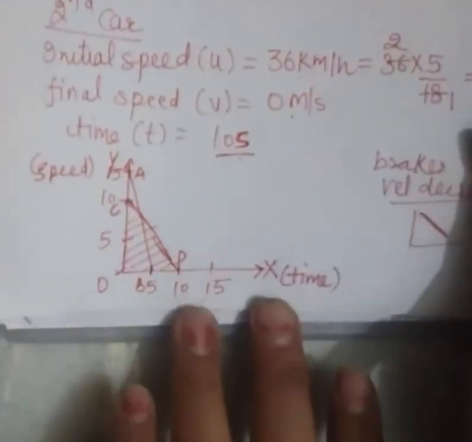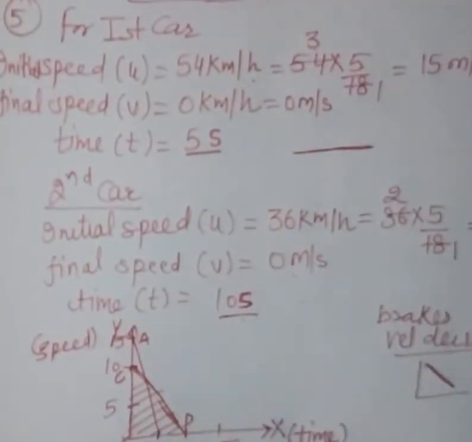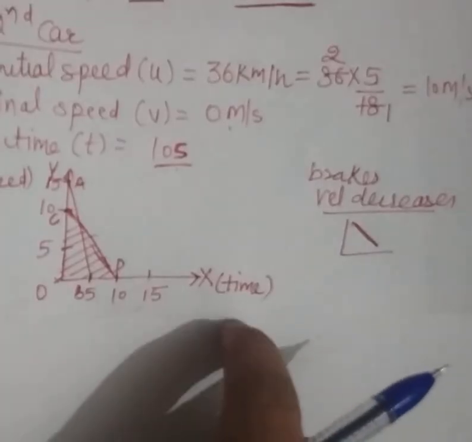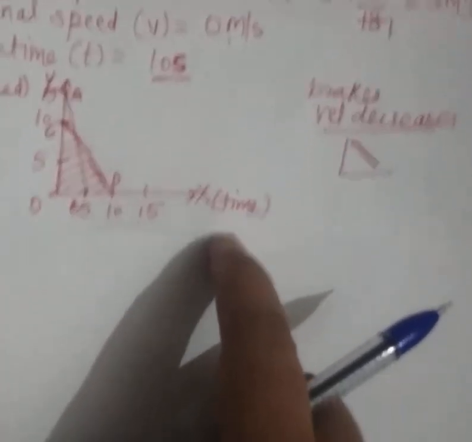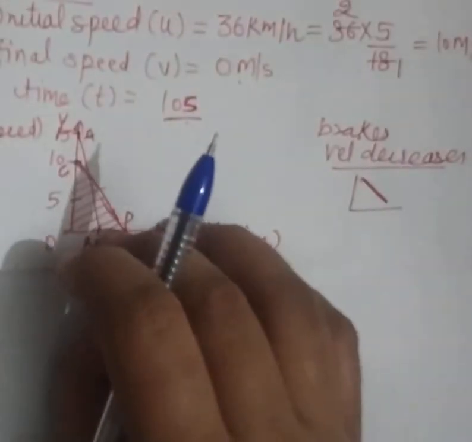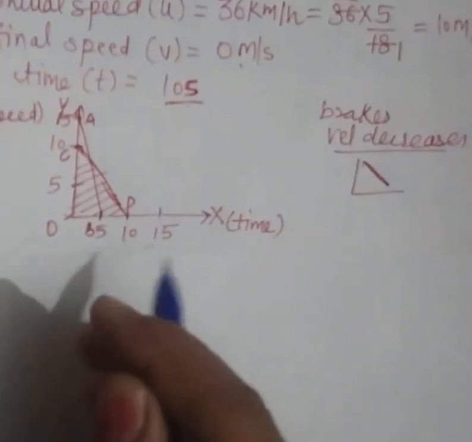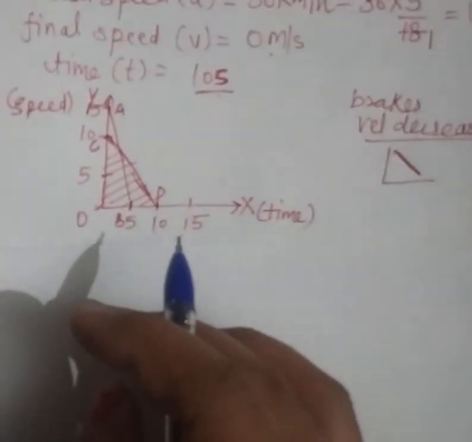For the first car, we have to find out the distance. What is the formula to calculate distance using a speed time graph? Distance is equal to area under the speed time graph. If we want to compare distance, we have to find out the area under the graph.